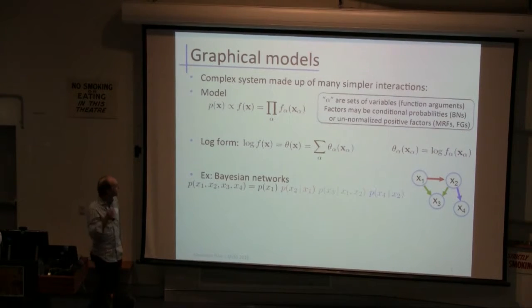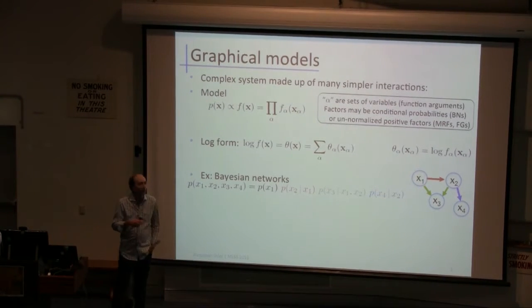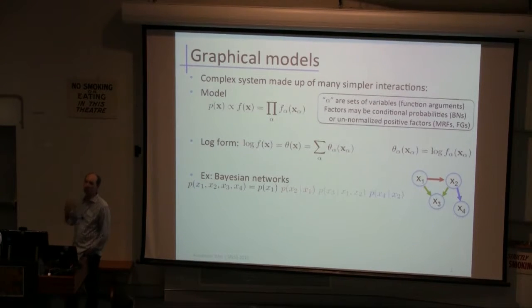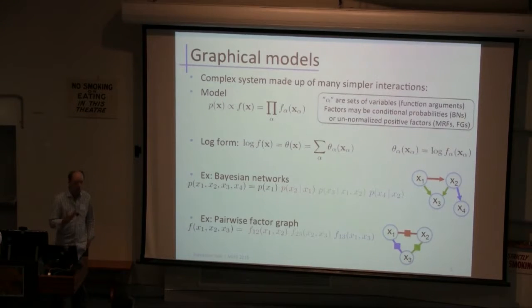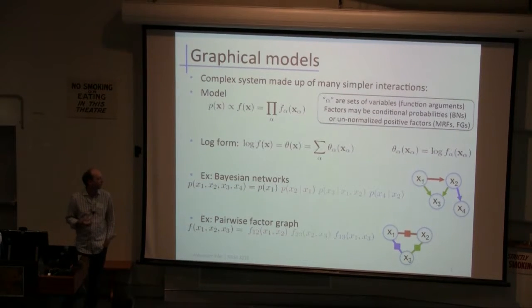Common examples of these are things like Bayesian networks, where the factors f alpha are conditional probability distributions. So each term is a conditional probability for one of the variables given a small subset of other variables. Or factor graphs where you have correlative factors that instead of having a conditional probability semantics, just have a compatibility or a correlation.